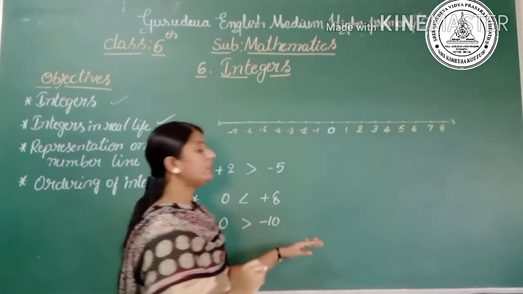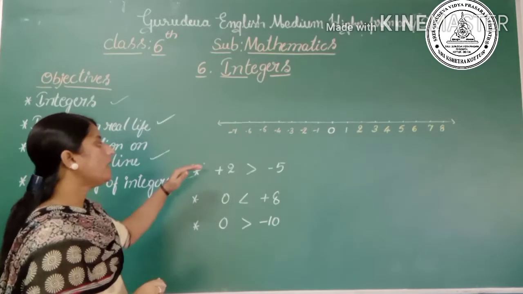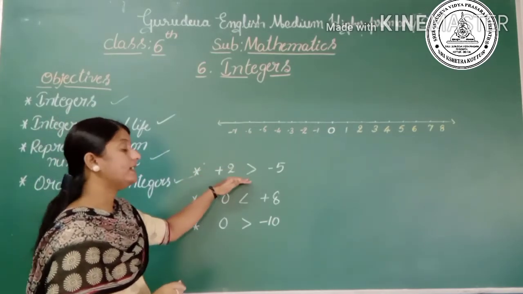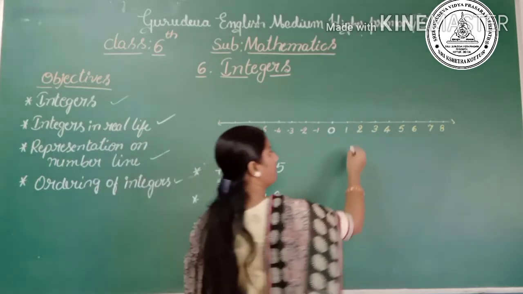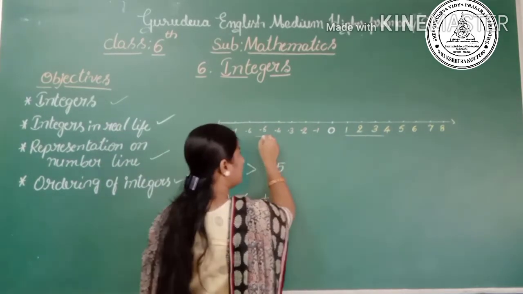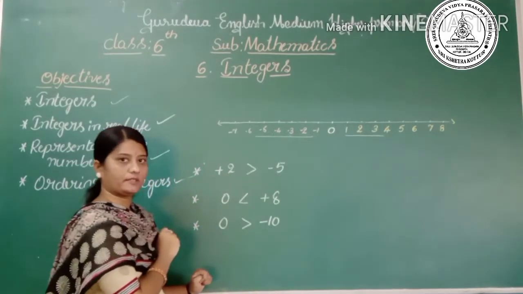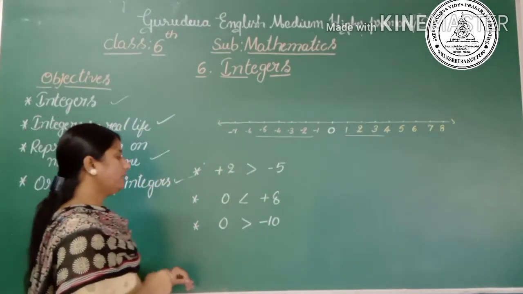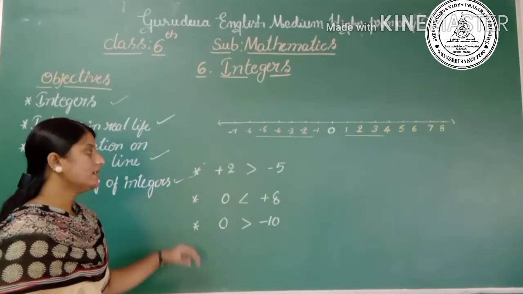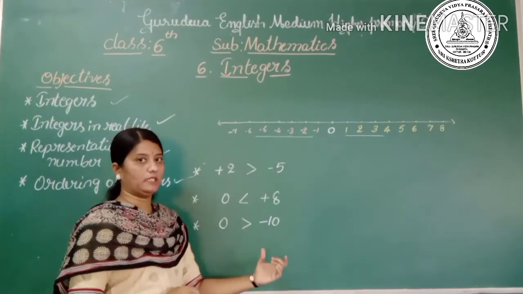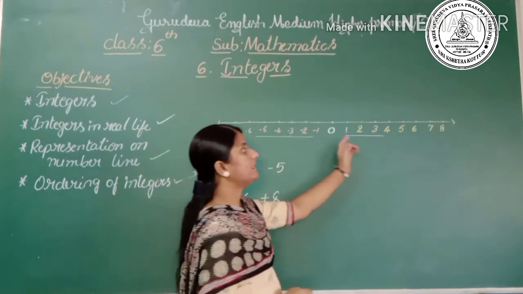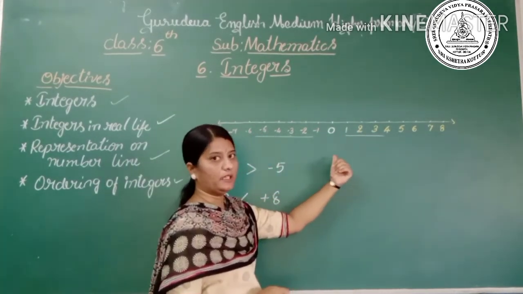Right? So finally we can conclude that every positive number is greater than the negative numbers. Okay? Then the second point is 0 is less than the positive integers.